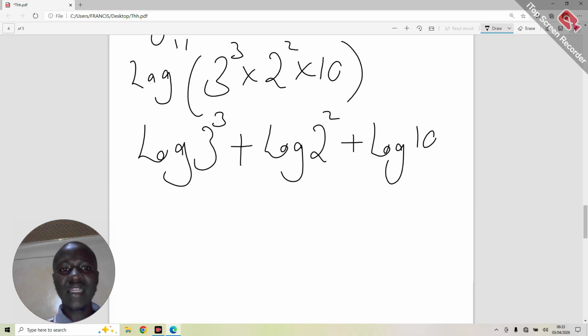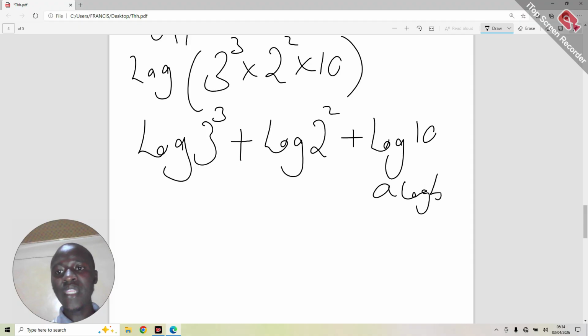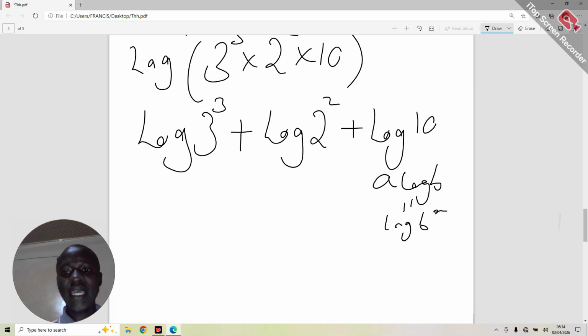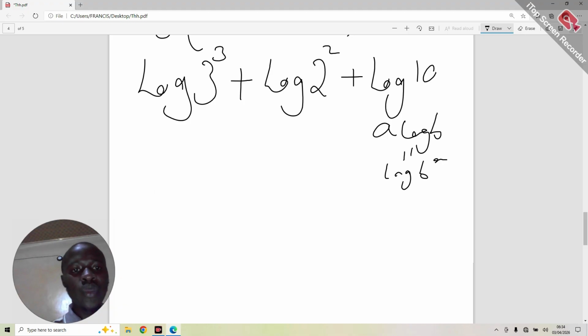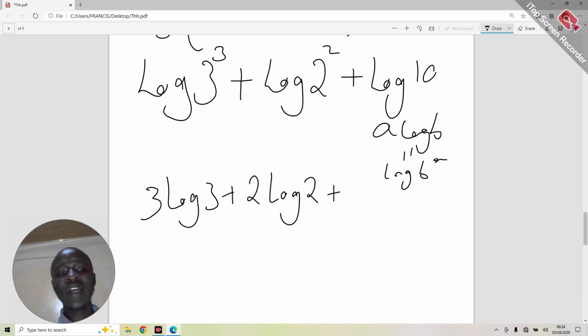So log 3 with a power, there's a law being used, that is log a to the power b is equal to b log a. So don't forget. So we have 3 log 3 plus 2 log 2 plus log 10.